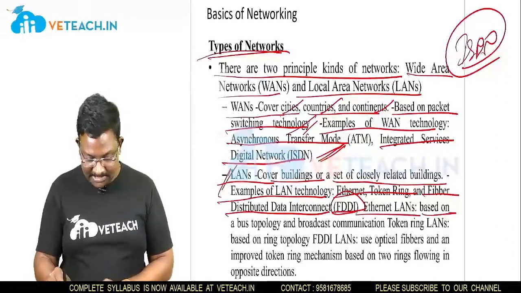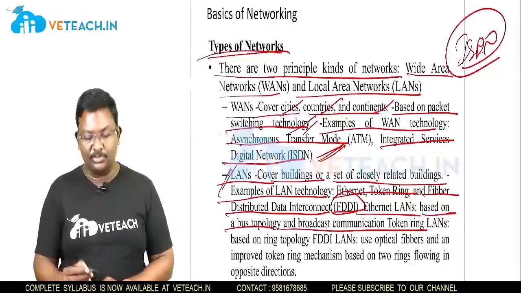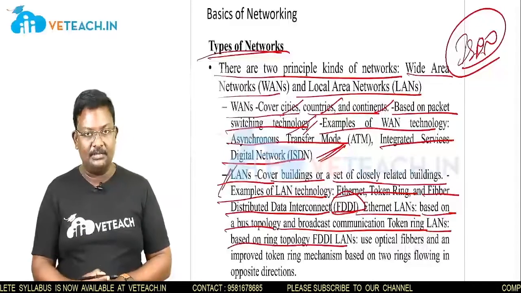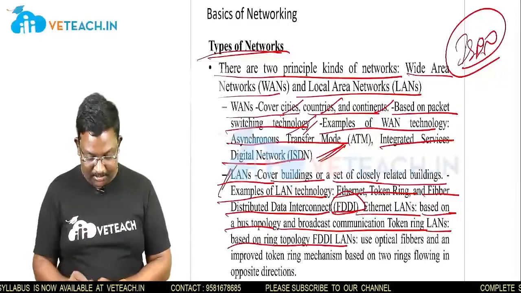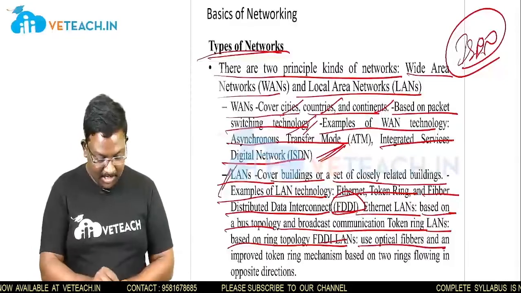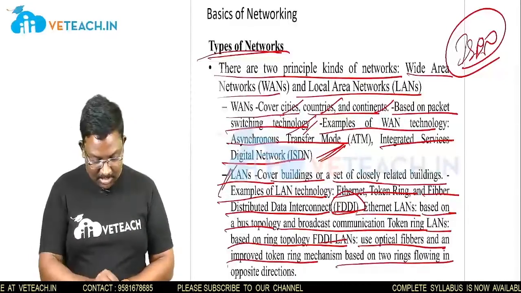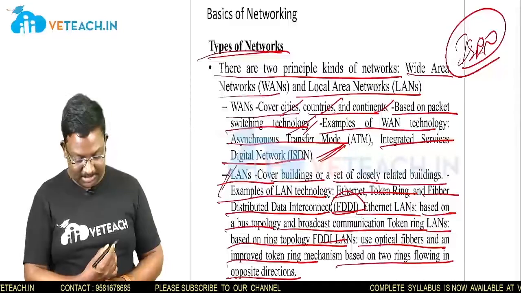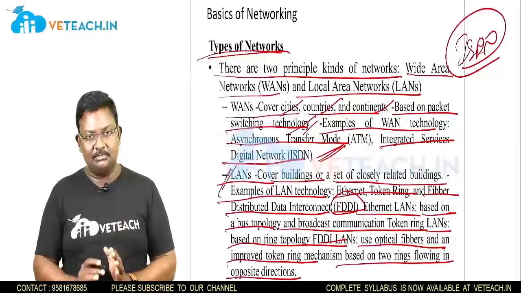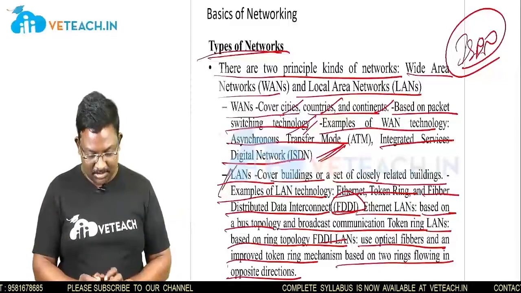Ethernet LANs are based on a bus topology and broadcast communication, token ring LANs are based on a ring topology, and FDDI LANs use optical fiber and an improved token ring mechanism based on two rings flowing in opposite directions. LANs are limited in range, whereas WANs cover large continents.